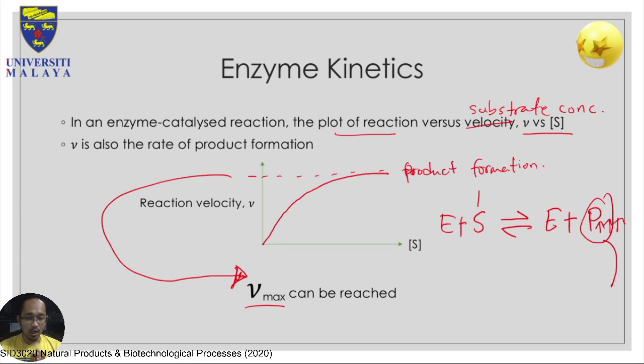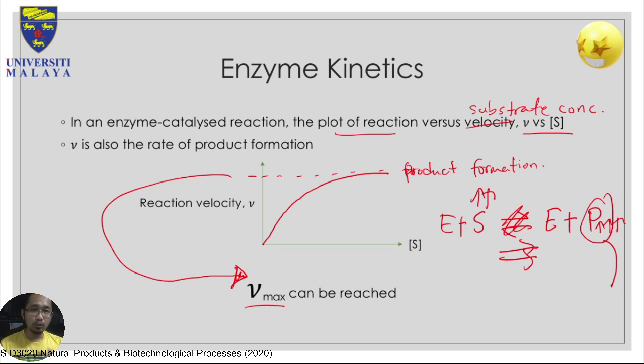Now that is not the only thing that the industry will do. One thing is you constantly take out your product, but at the same time you constantly add in more substrate. This will definitely push towards product formation, and therefore you can maximize the products you want, and finally profit.